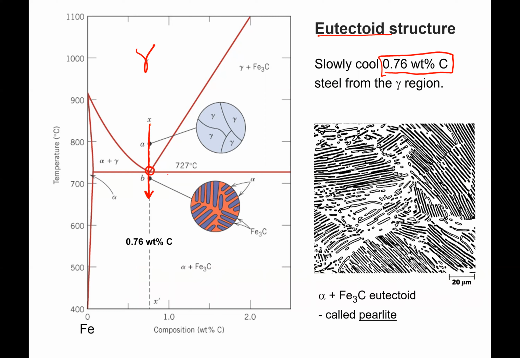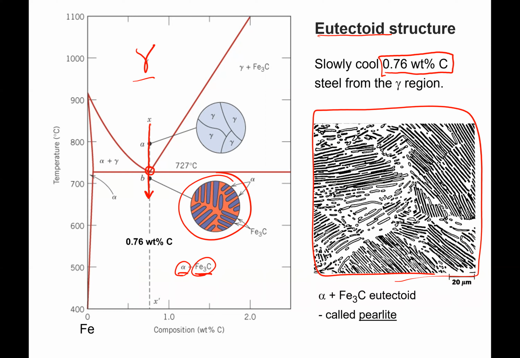Upon cooling, we'd enter the ferrite cementite or alpha iron carbide region. And now we have to form these two different phases out of the austenite. And so we'd end up with this layered sort of structure, just like we saw with the eutectic case. The main difference now is in this eutectoid structure, the scale is much, much finer.